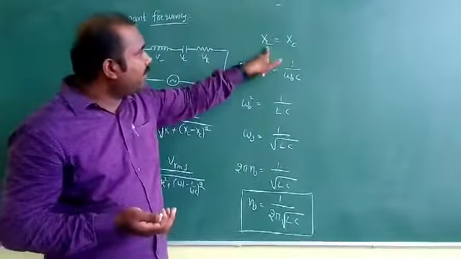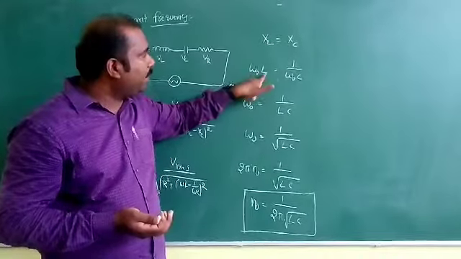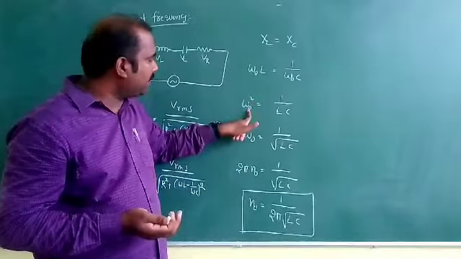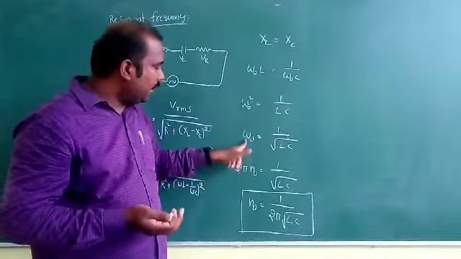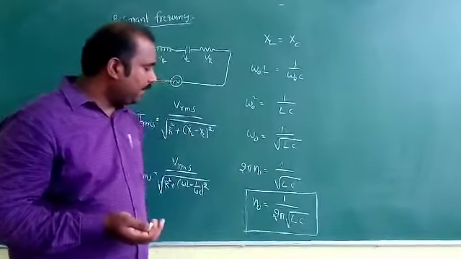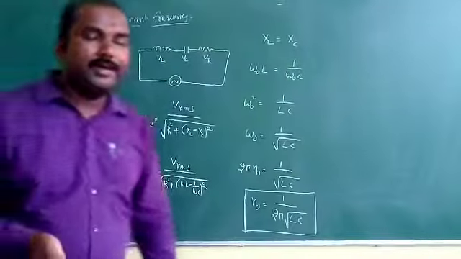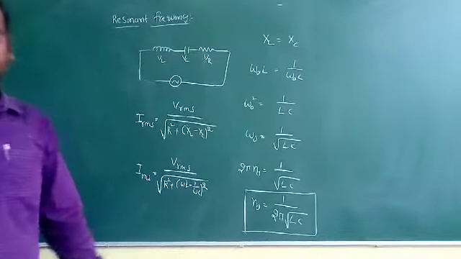There, XL and XC values are both equal. XL is omega naught L, XC is 1 by omega naught C. If I cross multiply, omega naught square is equal to 1 by LC, and omega naught is equal to 1 by square root of LC. I can write omega naught is equal to 2 pi N naught, and finally N naught is equal to 1 by 2 pi into square root of LC.